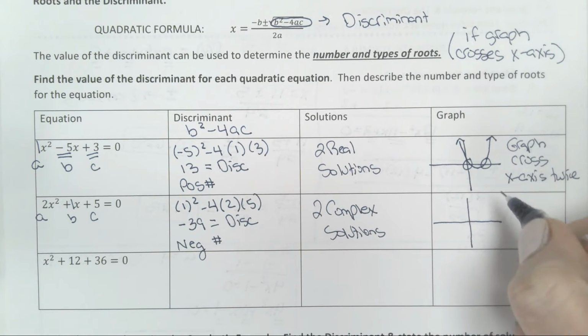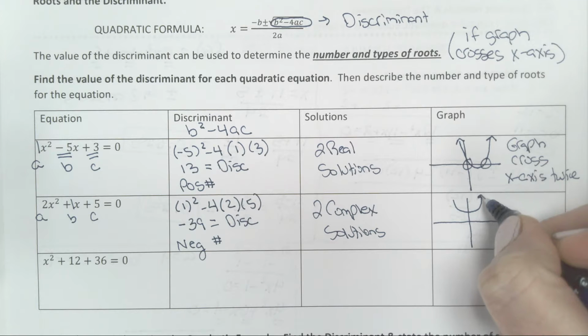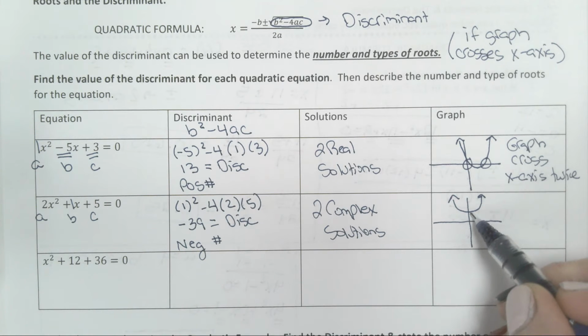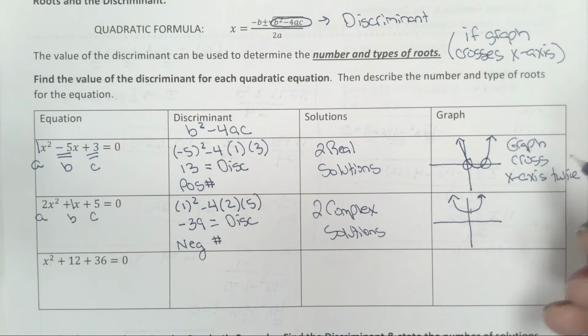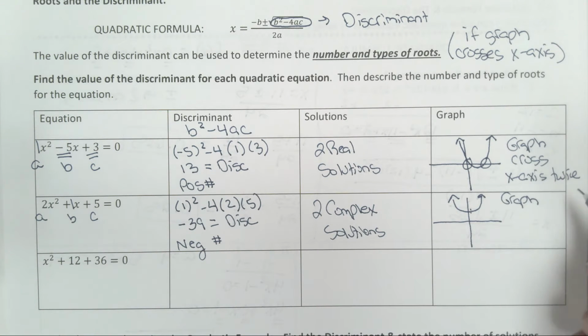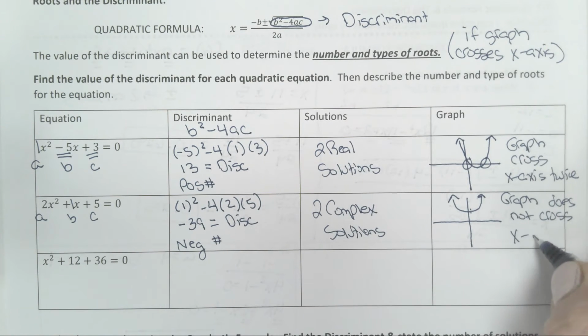And that means that my graph probably looks something like this. Hold on. That my vertex is above the x-axis, and so that means that my graph does not cross the x-axis.